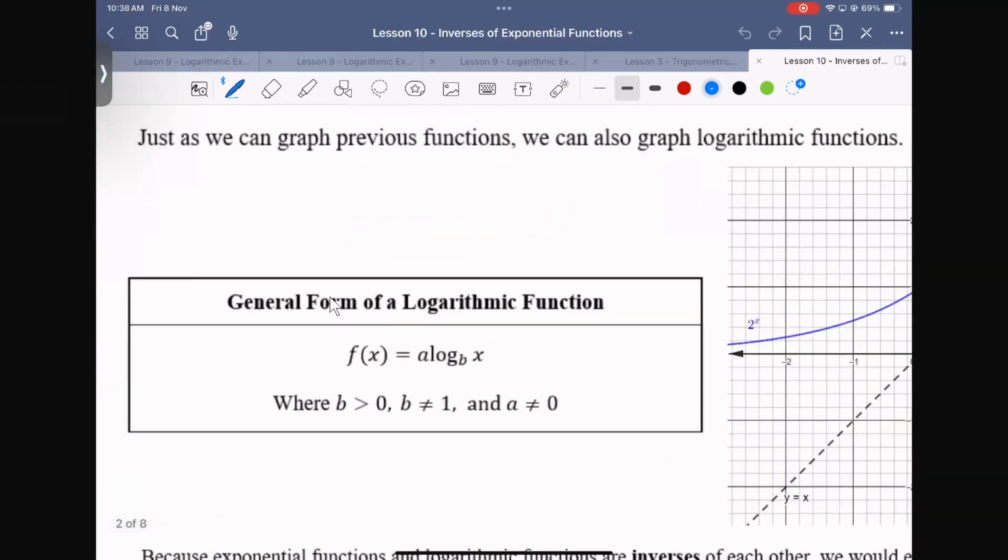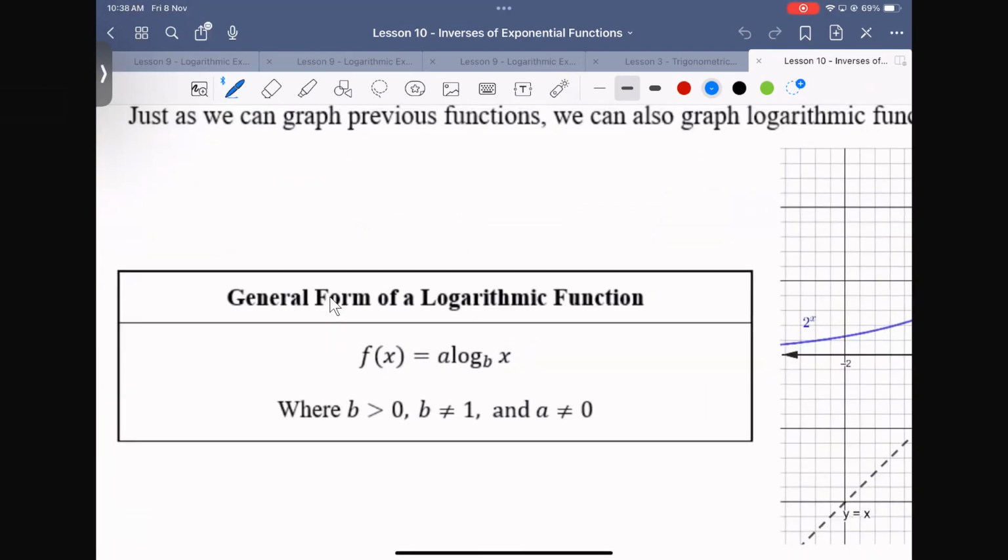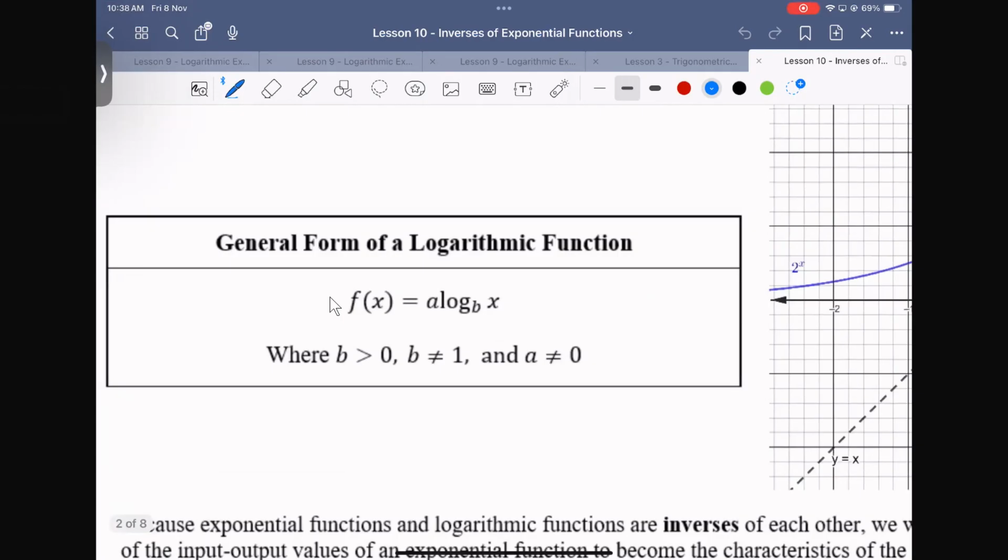So obviously we saw the logarithm last lesson, and we can set up a function like this one, which is the base logarithm function. Your base has to be a positive value, because if you think about it in exponential form, it's going to be b to the c is equal to x.